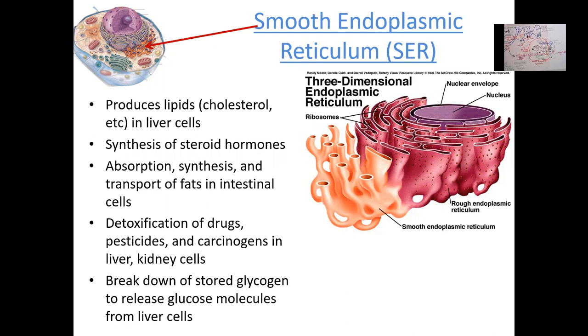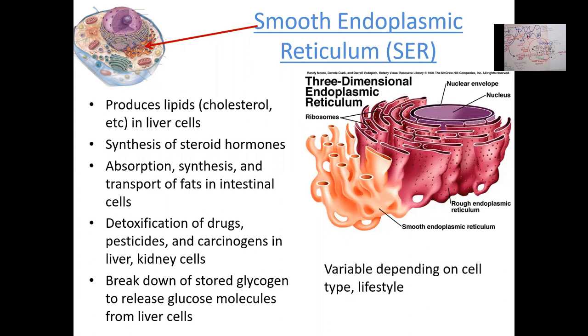On the other hand, if we are sitting on the couch eating candy bars and French fries, we don't need all of the energy that we are consuming. And so your liver is going to take all of that extra sugar, all of that extra fat out of your blood and store it within the cells. So the SER, particularly in the liver, is very important in those processes.